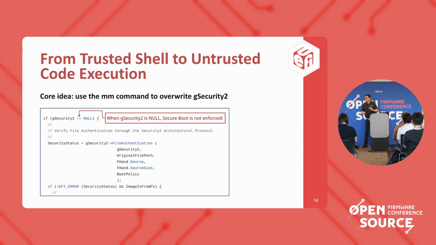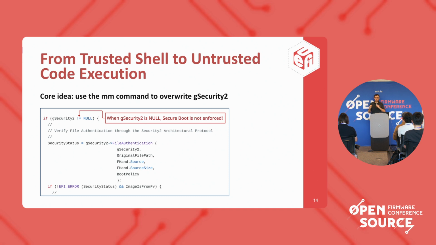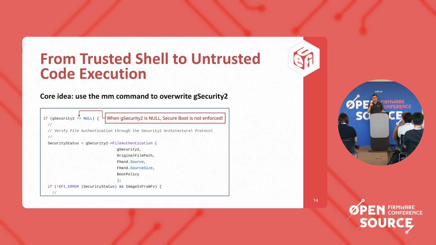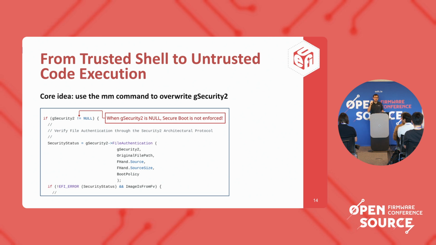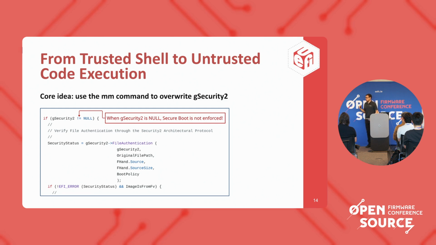This is a global variable which holds a pointer to what basically implements secure boot. And as you can see in this snippet, which is taken from the LoadImage function exported in one of the UEFI tables, when gSecurity2 is null, the file authentication is not going to be executed, right?